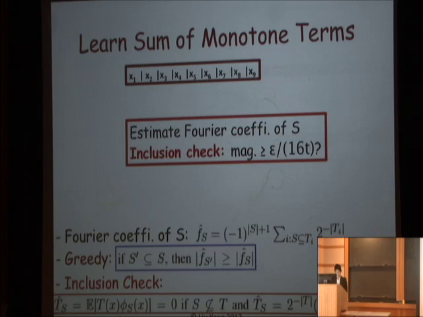Let's look at how we're going to solve the problem of learning a sum of monotone terms using a Fourier technique. One interesting property is that if a subset of the set S of variables is considered, maybe the sign is changing, but the magnitude of the Fourier coefficient of this subset can only get larger, because now you have more terms.